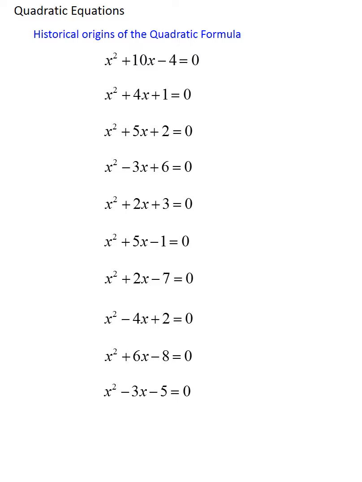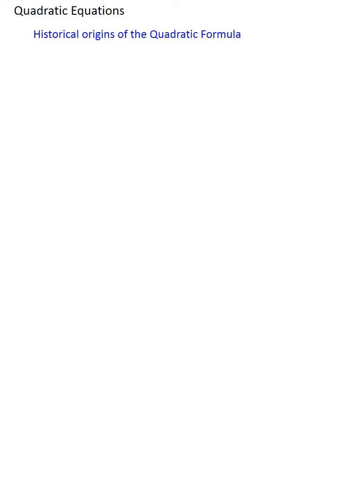And one thing they realized is, in all these problems, that only two things change from problem to problem. Whatever this number is, and whatever this number is. Nothing else changes. And so somebody thought to themselves, why don't we come up with a generic equation that represents all of those at the same time?